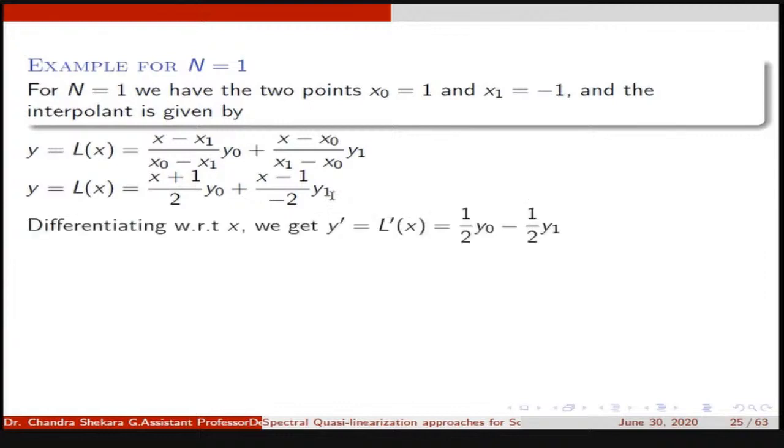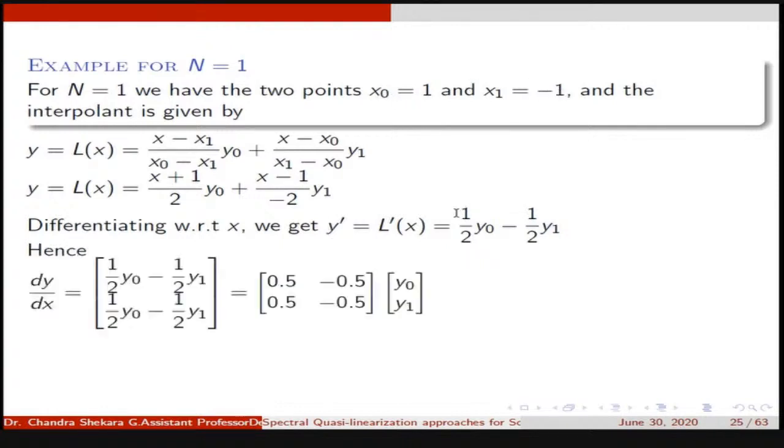To find a differentiation matrix, we just differentiate this Lagrange's polynomial. So y dash, dy by dx, is nothing but L dash, that is dL by dx of this. We get this derivative is 1/2 into y naught minus 1/2 into y1. Now this y dash you evaluate at the collocation points x naught and x1.